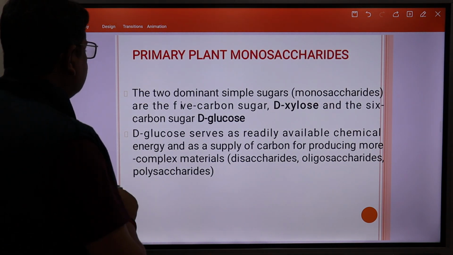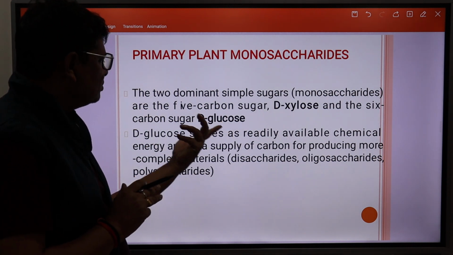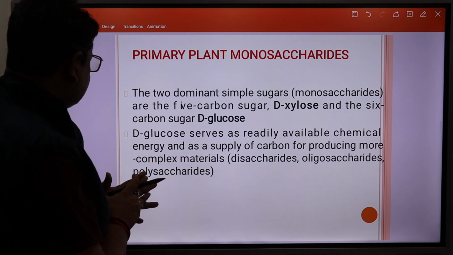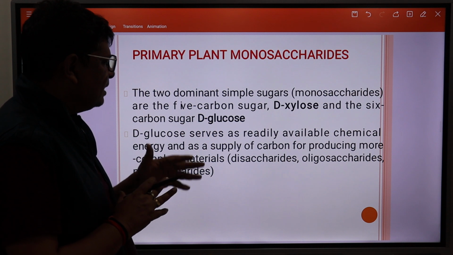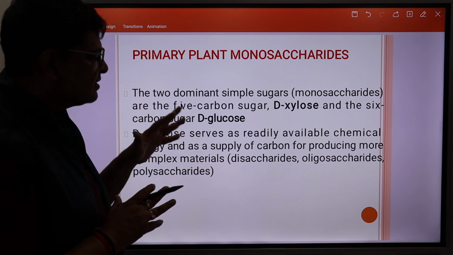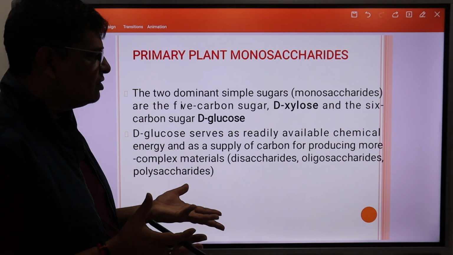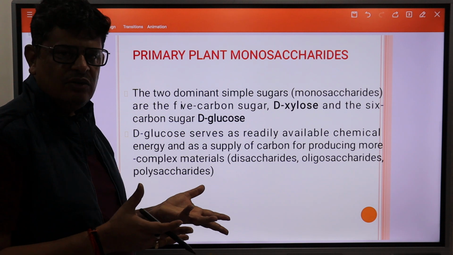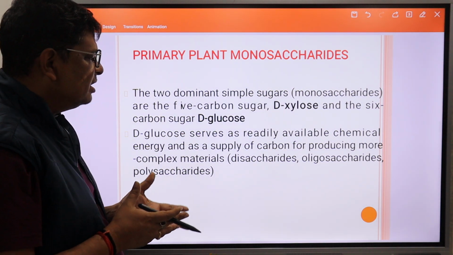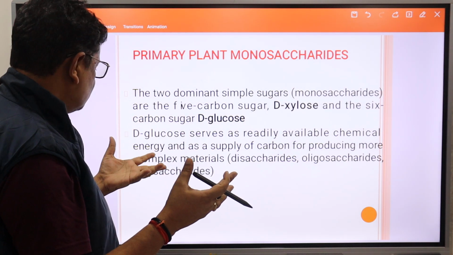Then the primary plant monosaccharides, you must be knowing, D-glucose, L-glucose, D-xylose, dextrose and so on. D-glucose serves as readily available chemical energy and as a supply of carbon. Why are we understanding these things? Because nature has complex substrates. I have already talked about the cell wall complex, the biopolymers with big molecules like cellulose and hemicellulose.